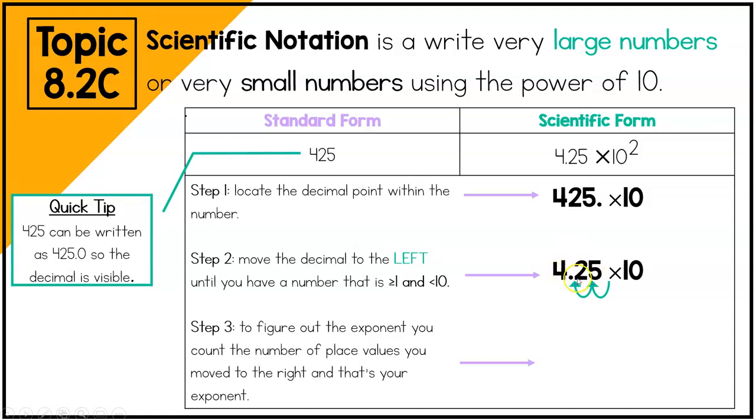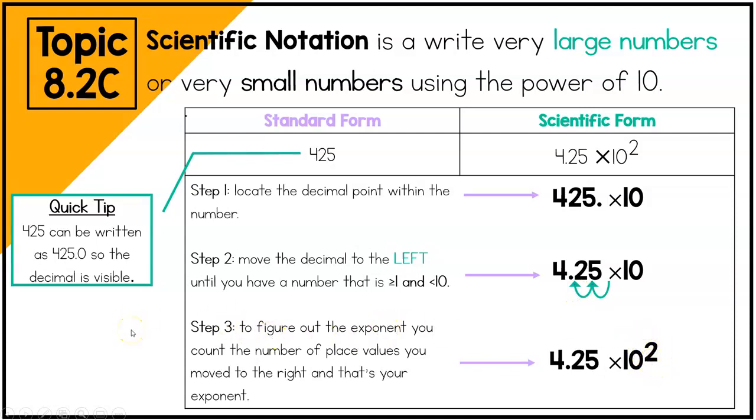So that falls right in between 1 and 10. Then our third step is to figure out the exponent. You count the number of place values you move to the left, and that's your exponent. We moved 2 times to the left, so our exponent is 2.